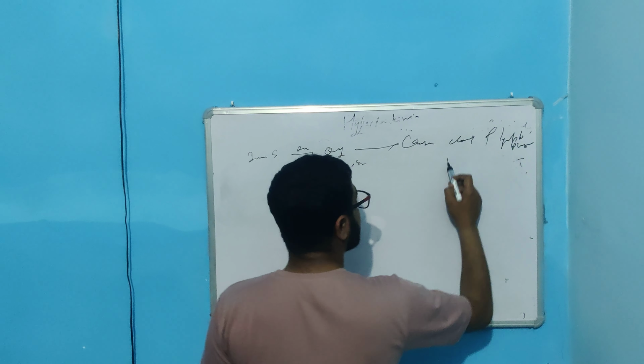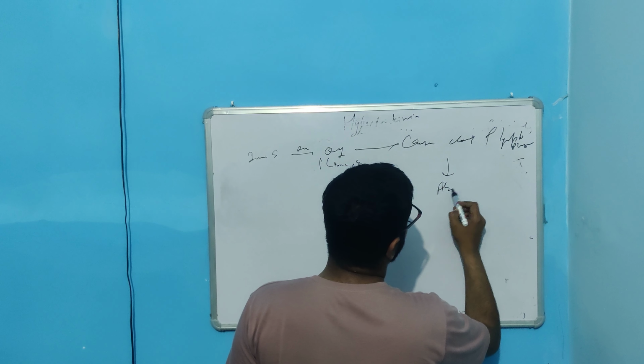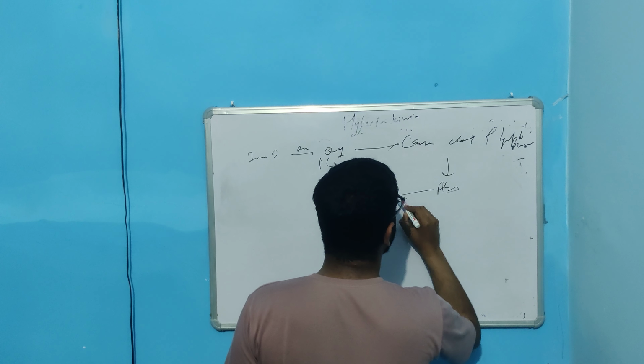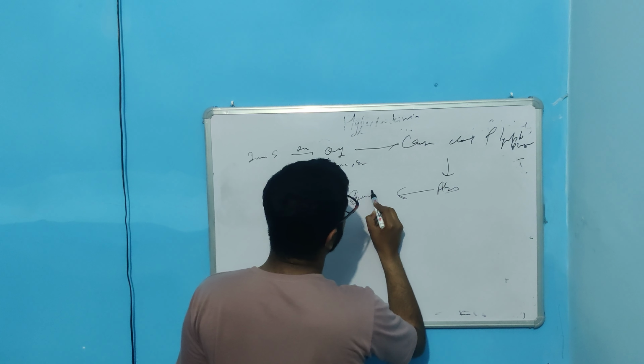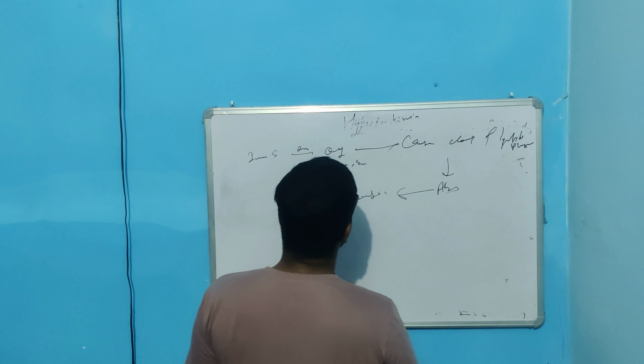And these plasma cells produce antibodies. These antibodies are specific to a particular antigen.